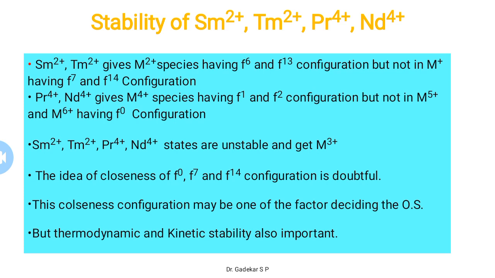The idea of closeness to f0, f7, f14 configurations is doubtful in these cases. Closeness to a configuration may be one of the factors deciding the oxidation state, but thermodynamic and kinetic stability are also important.